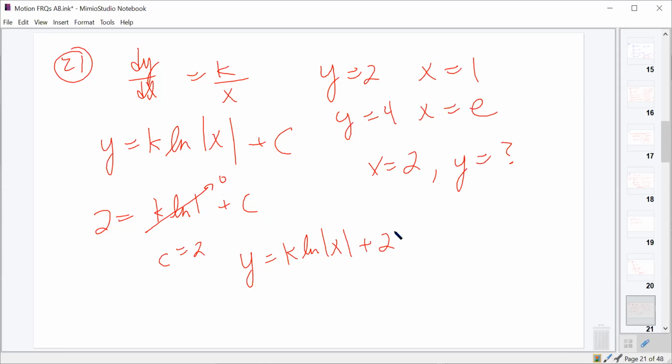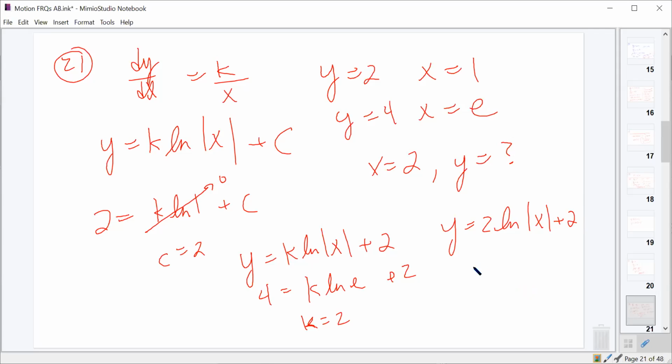And when x is e, y is 4. So we can say 4 equals k natural log e plus 2. Natural log of e is 1, so k plus 2 is 4. K must be 2. And so our solution should be y equals 2 ln absolute value x plus 2.